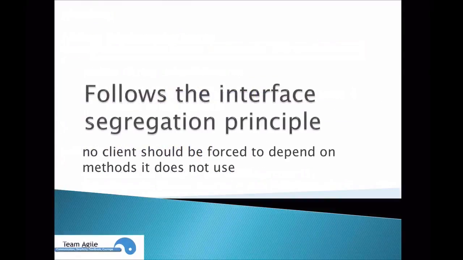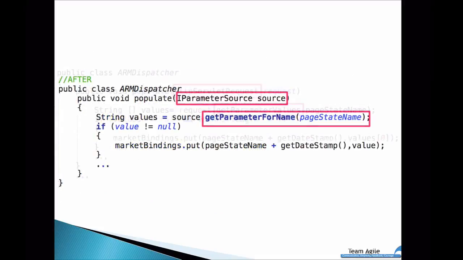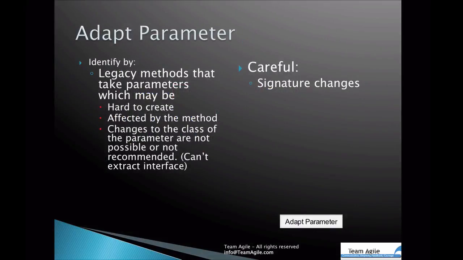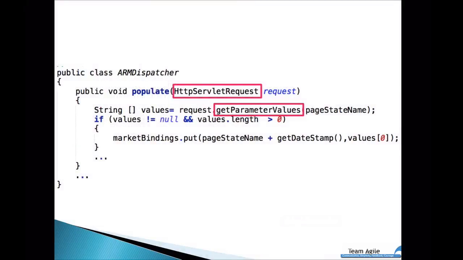Let me show you the principle itself. It follows the interface segregation principle. The idea is that no client should be forced to depend on methods that it does not use. So let's say that your method relies on HTTP context. In this case, this is Java, so it uses HTTP servlet request, but it might as well be HTTP context.